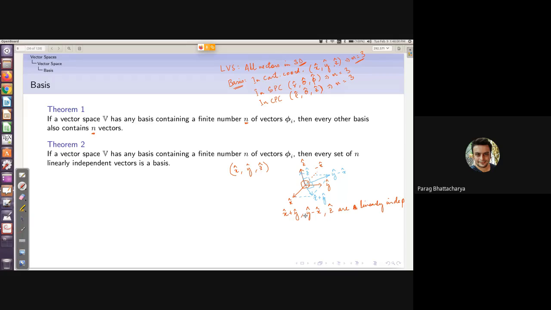So that means x plus y, y minus x and z are also linearly independent. You cannot express any one in terms of the other two.